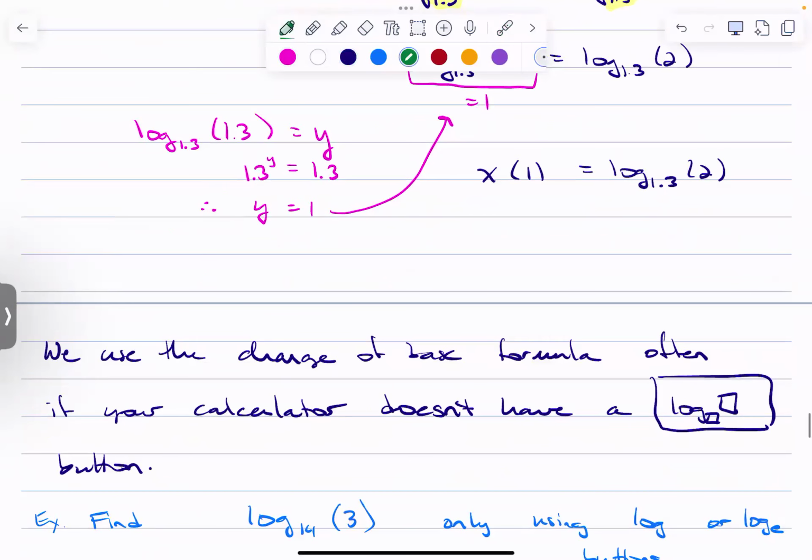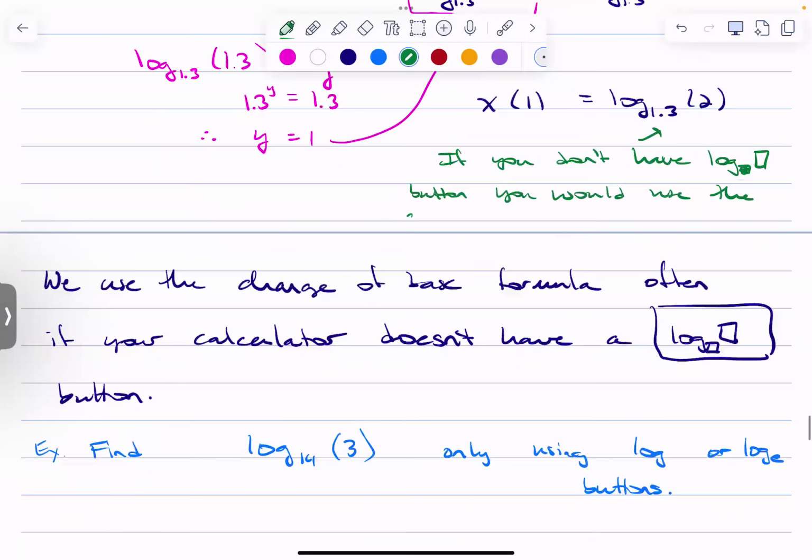So now, if you don't have a log base anything button, you would use the change of base formula to solve.